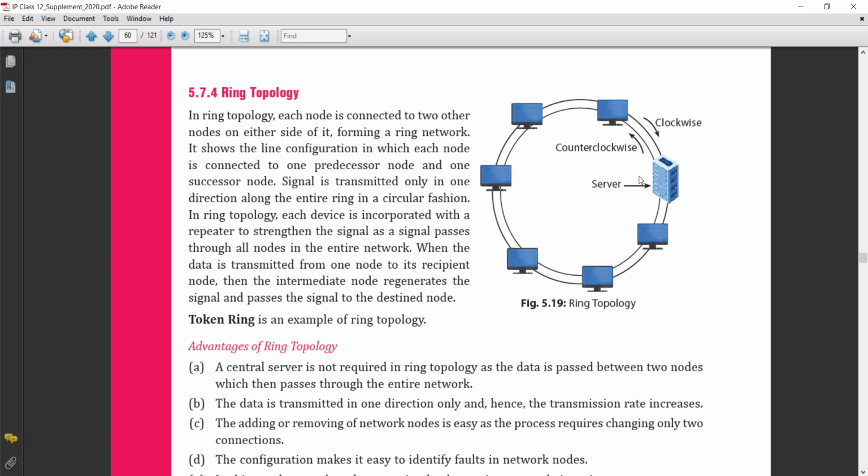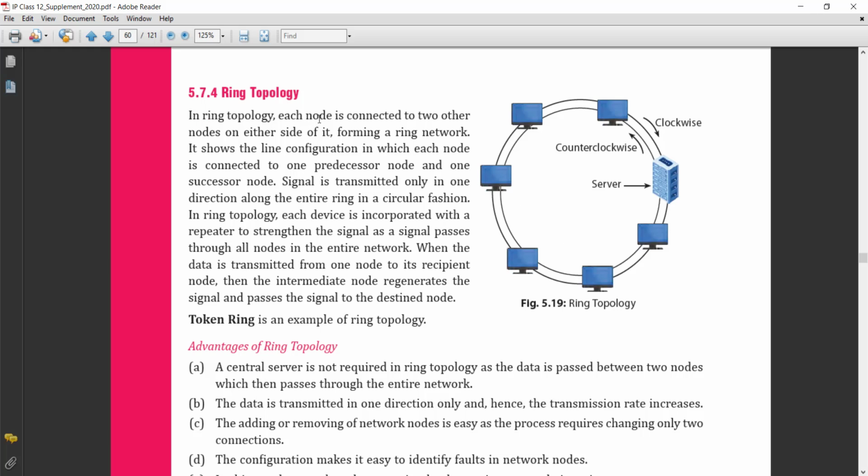Data transmission is clockwise or anti-clockwise, which means the data moves in one direction only. If it is the clockwise formation, the data moves clockwise. If it is anti-clockwise, it moves anti-clockwise. We have to set up any one formation, either clockwise or anti-clockwise.